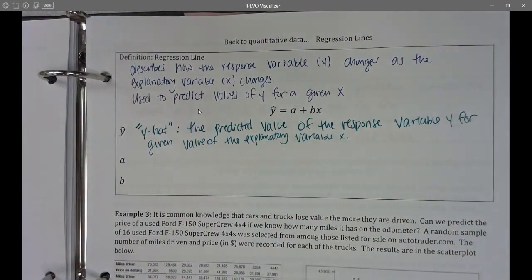That's why he has a hat. It's not necessarily a true value of y, but it is what we predict y to be. So we call him y hat.